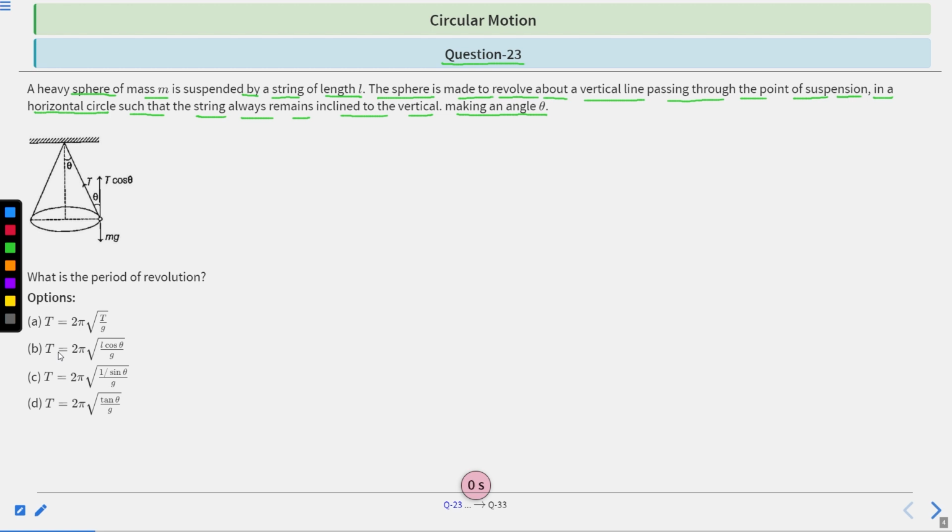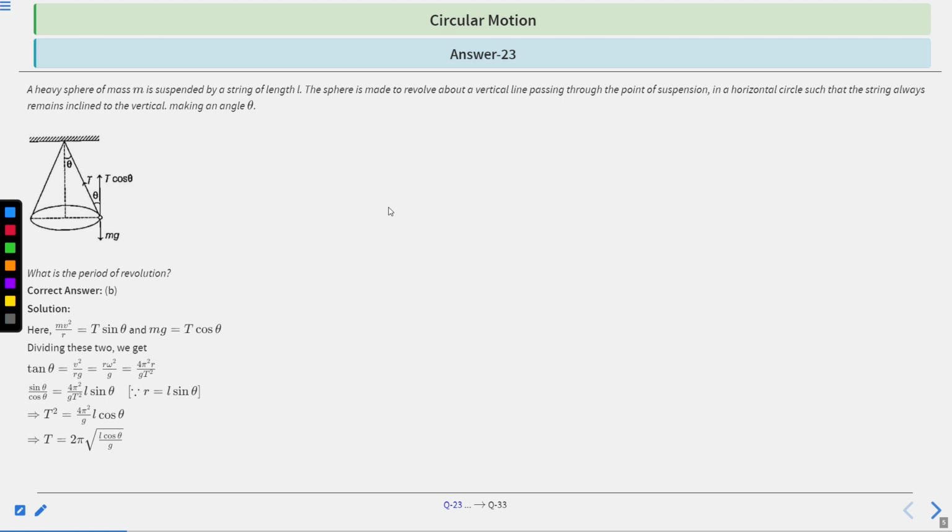Let's find the solution. So, here mv square by r equals T sin theta and mg equals T cos theta. Clear? And dividing these two terms, we get tan theta equals v square divided by rg. Clear? Which is equal to r omega square by g, equal to 4 pi square r divided by g T square.